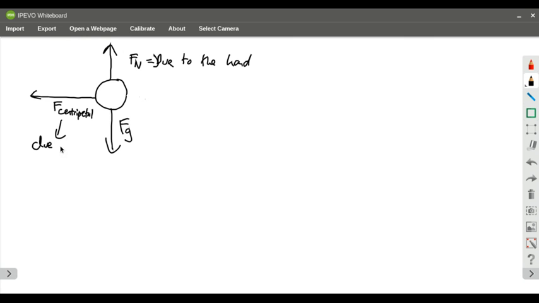It's being cupped, fingers and arm. So the ball is creating a reaction force on the hand, but there's no reaction force on the ball, right? Does that make sense? I hope it does. All right.